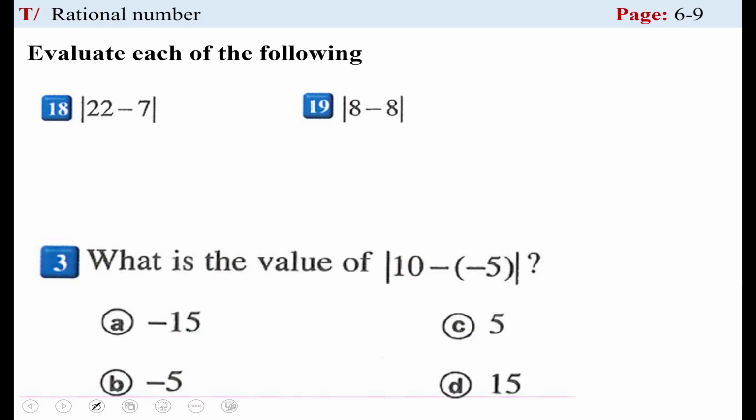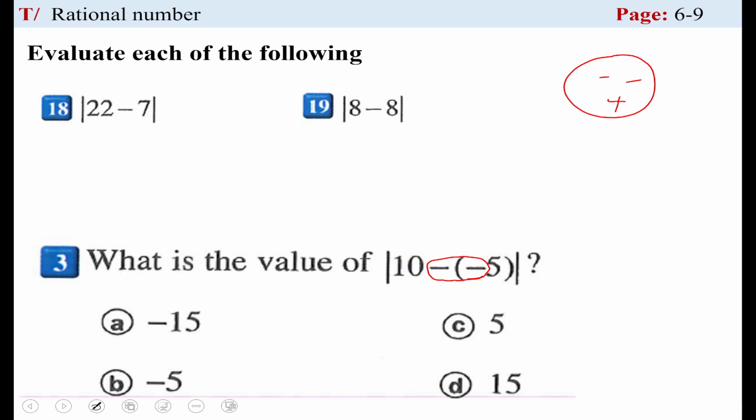Question 18 and question 19 is the same. Question 3, what is the absolute value of 10 minus -5? In here we studied before in subtracting integers, whenever we have two negatives together next to each other, remember the face.